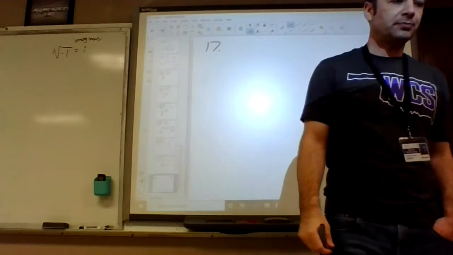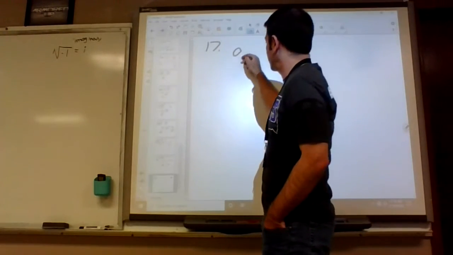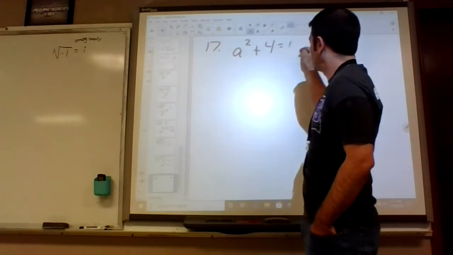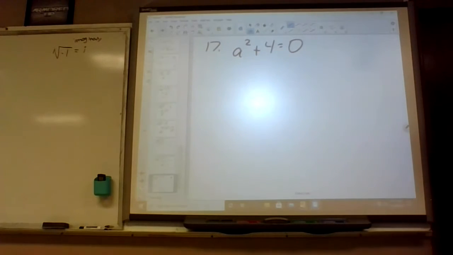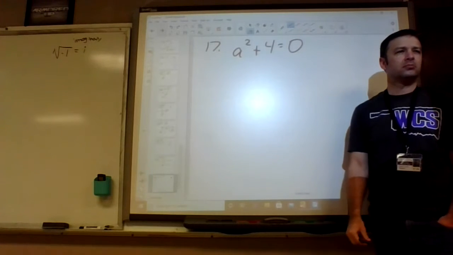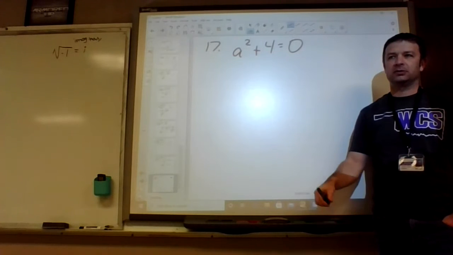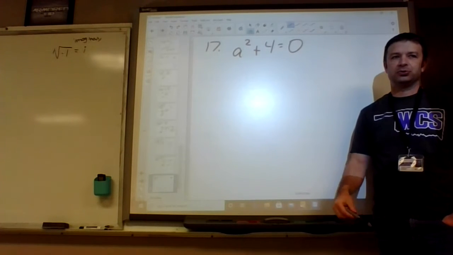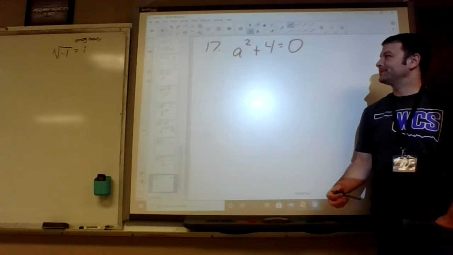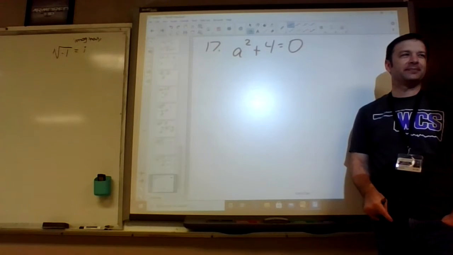17. a squared plus 4 equals 0. What do you guys think? What should I do on this one? How could I solve this for a? Jasmine, what do you think? Anybody else have an idea?